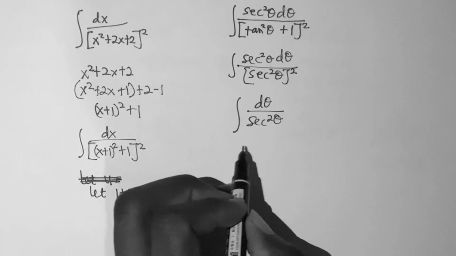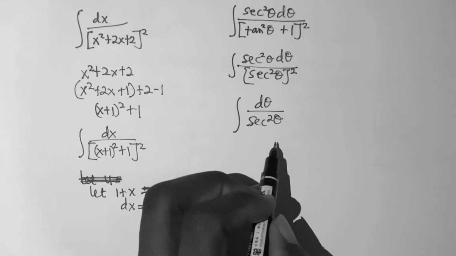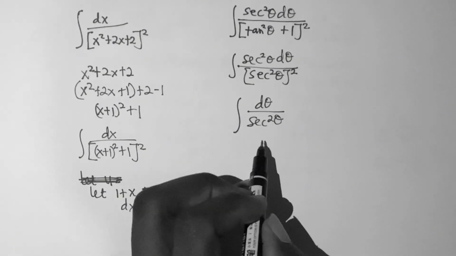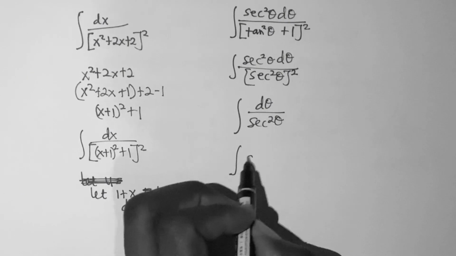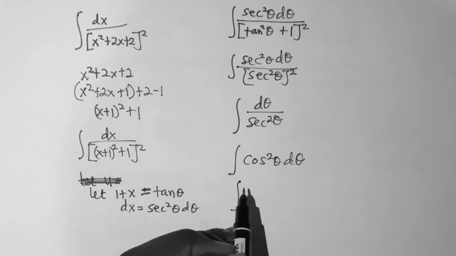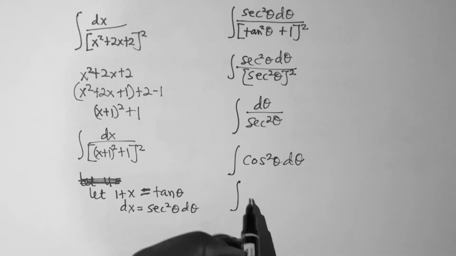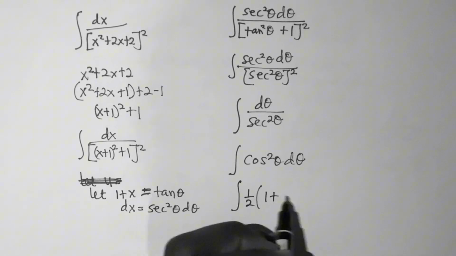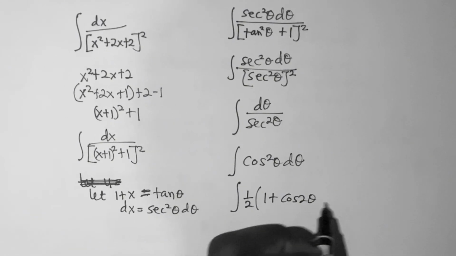This is the same as, sec squared theta is 1 over cos squared theta. So 1 divided by sec squared theta is the same as the integral of cos squared theta d theta. There's an identity for cos squared theta, which is half of, into brackets, 1 plus cos 2 theta.